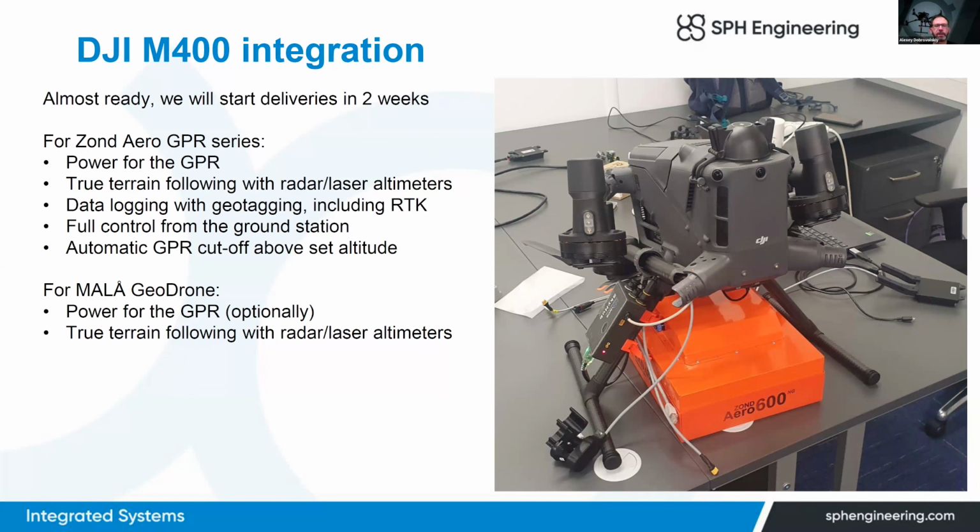And we added it in the previous release of our software, but it will be also supported for M400. We provide automatic cut-off of GPR transmitter above the set altitude.